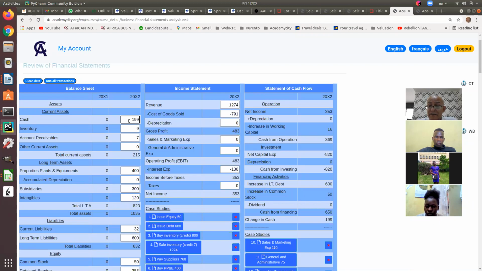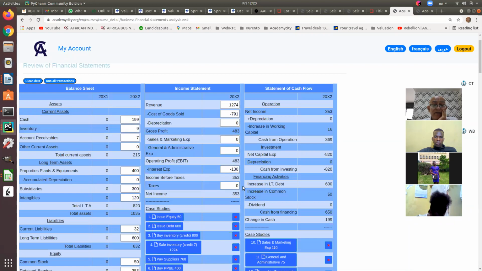The money is gone. So as the interest that I paid the bank reduced my profit, the sales and marketing is going to reduce my profit. What's going to happen is my cash is going to go down by 110, and my profit is going to go down by 110.